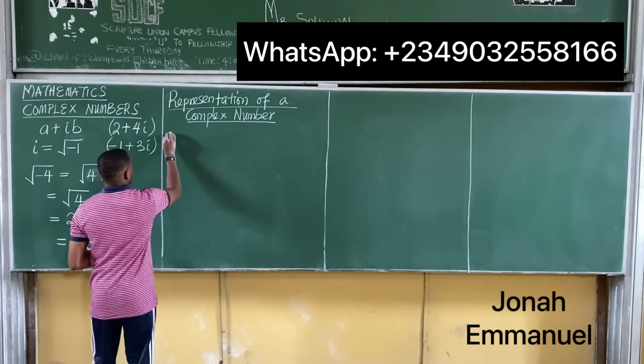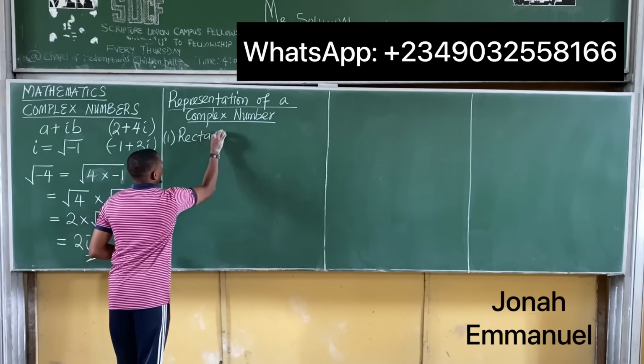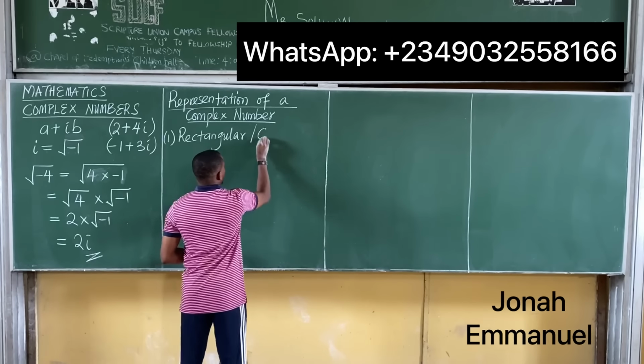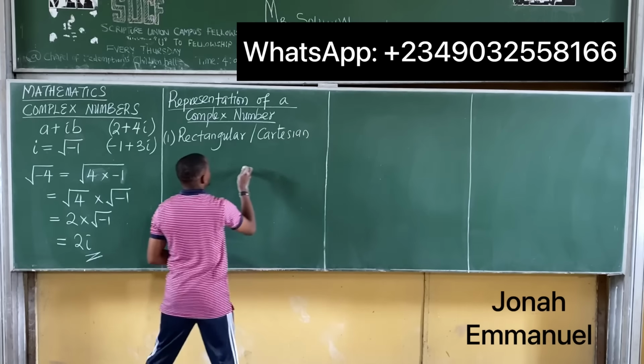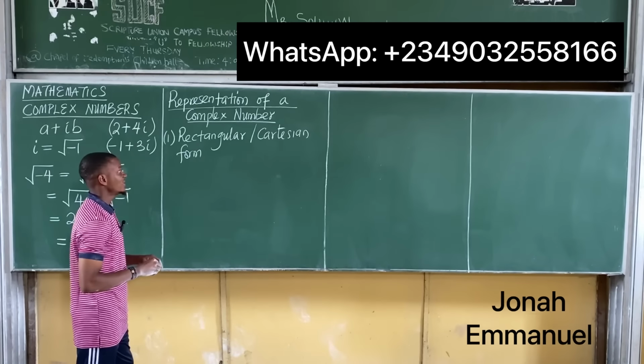The first one is called the rectangular, also called the Cartesian form. That's the first form of representing complex numbers.